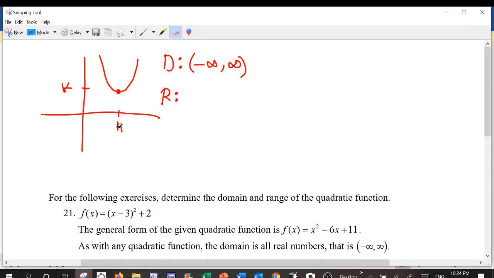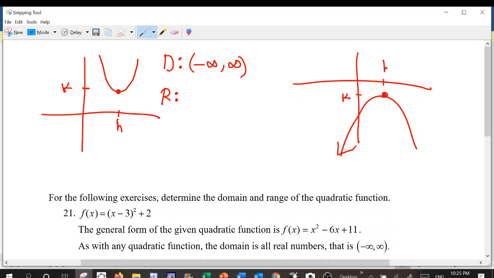Now, what about the range? Well, the range depends on whether we have one of these or maybe we have something like this, right? That opens down, and the vertex can be anywhere. Could be here, here, doesn't matter. So that would be k, and k in this case would be a negative number. And then this would be h.